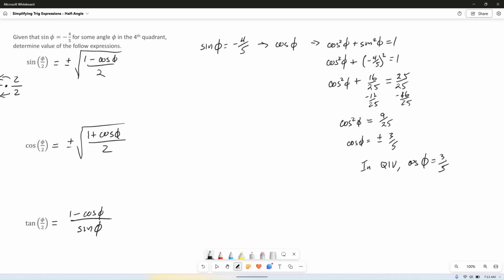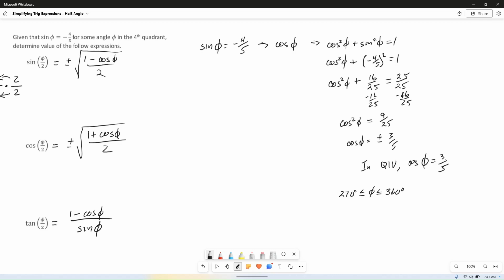We also need to look at whether or not our square roots are going to be positive or negative for the sine and the cosine. This one's not too hard, but we have to think about this. If I'm told that phi is in the fourth quadrant, then that means that phi has to be between, we'll do this in degrees, 270 degrees and 360 degrees, right?